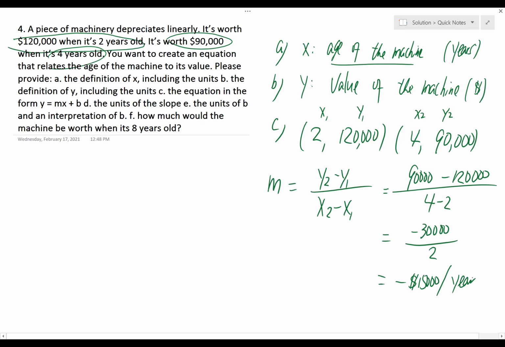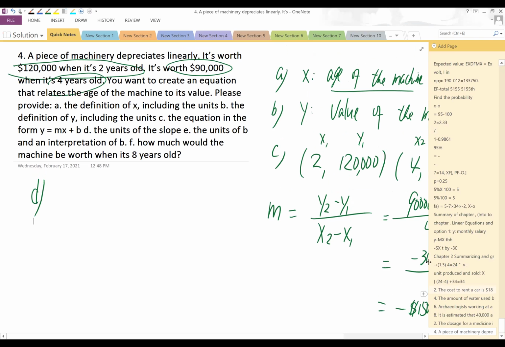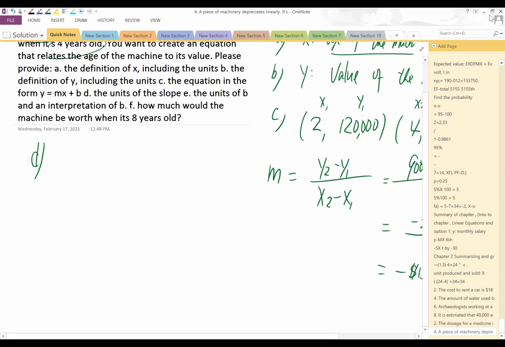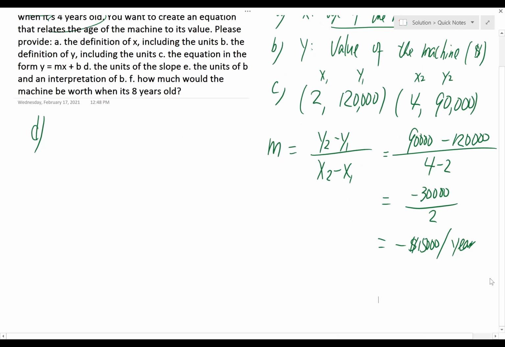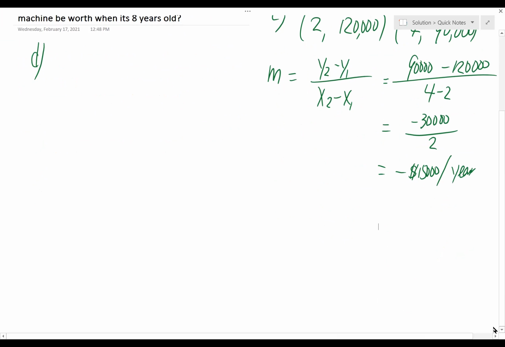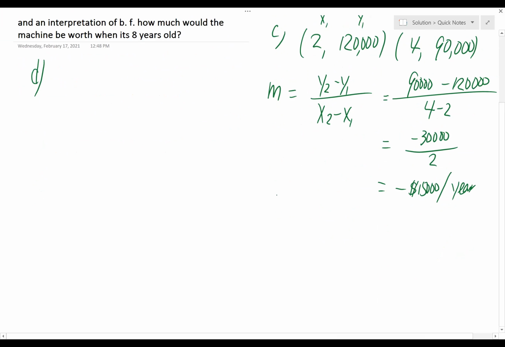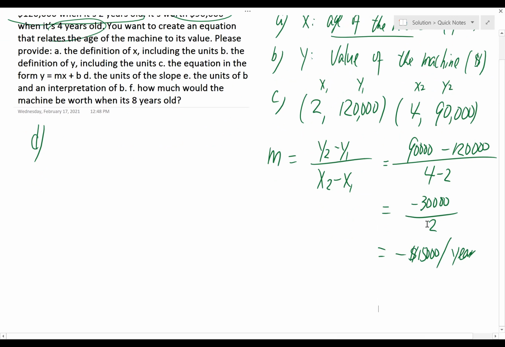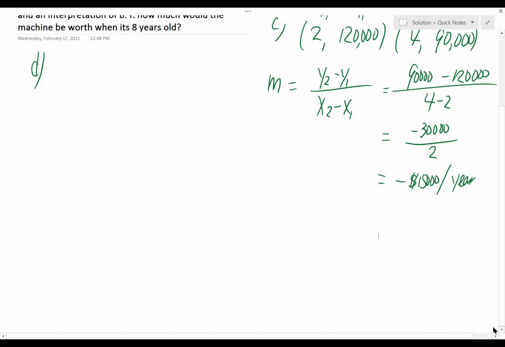As for the interpretation, let's first complete the whole question before we jump to it. Let's find the equation first. We have this slope now, and we have x1, y1, so using the point slope formula to find the equation of the line. The slope is negative 15,000.